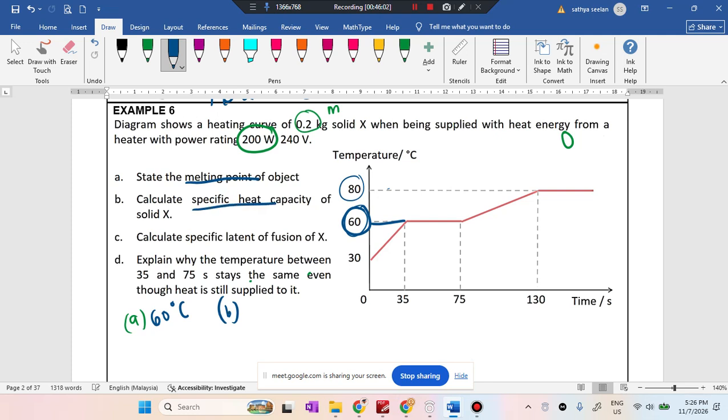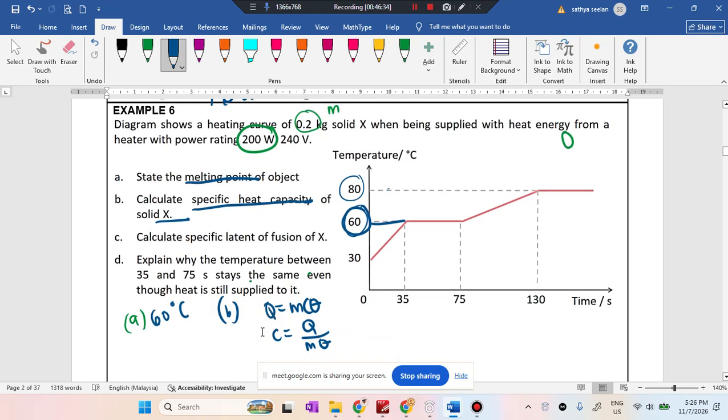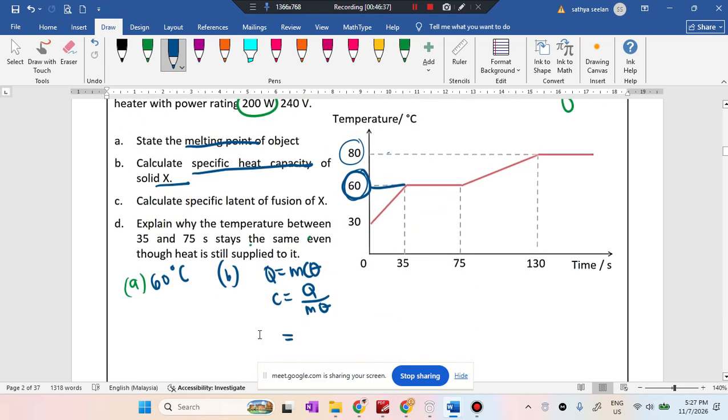Question B. Calculate the specific heat capacity of the solid X. Okay, macam mana kita nak calculate specific heat capacity? Kita kena tengok lah Q equal to MC theta kan. Okay, Q equal to MC theta, C equal to Q over M theta. So, what is the Q?